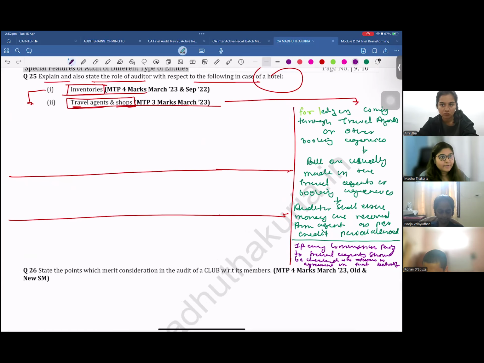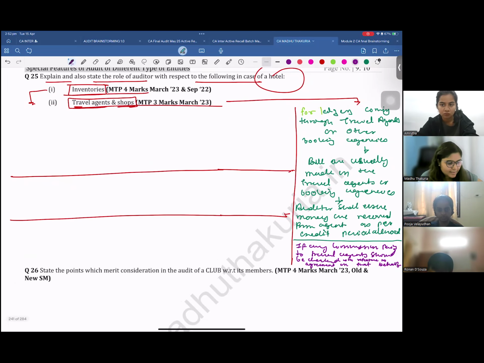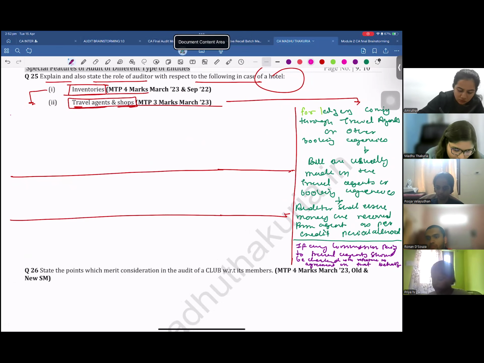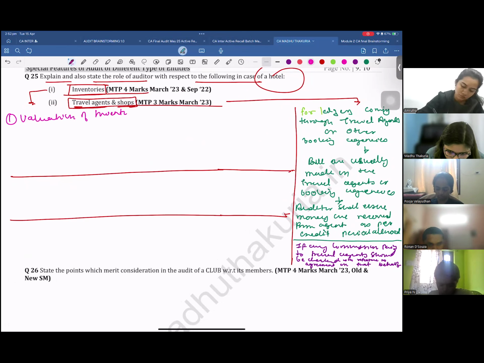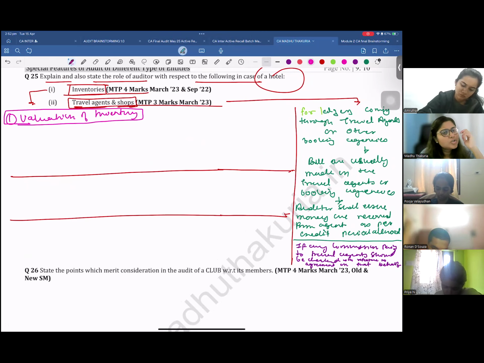Now comes the inventory. For a hotel, inventory is a big deal to handle. First of all, valuation of inventory. Now, for a hotel which also has a restaurant, they will have an inventory of food items, right?